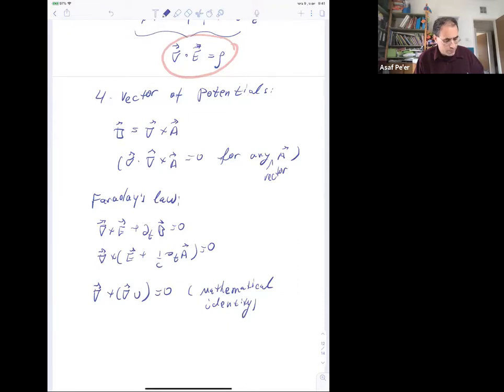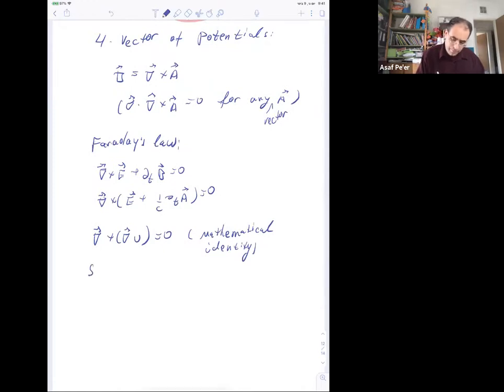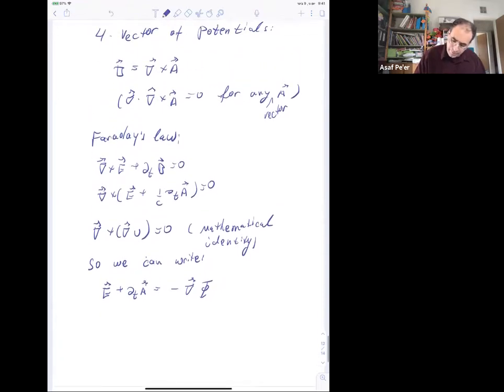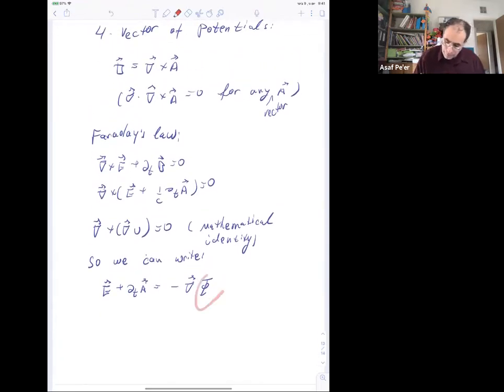Then we can write that in terms of the gradient of a scalar potential: E plus ∂_t A is the minus gradient of φ. Here φ is the scalar potential, and A is the vector potential.